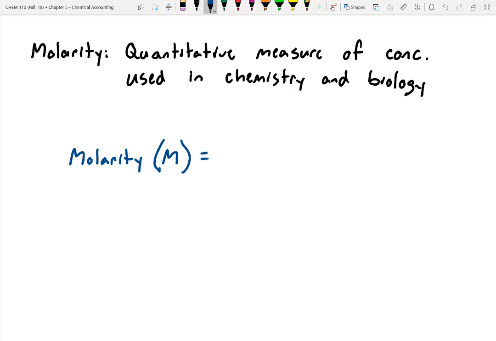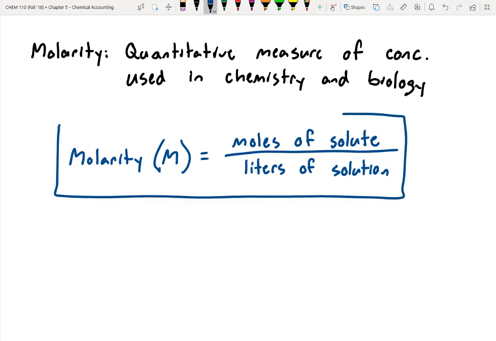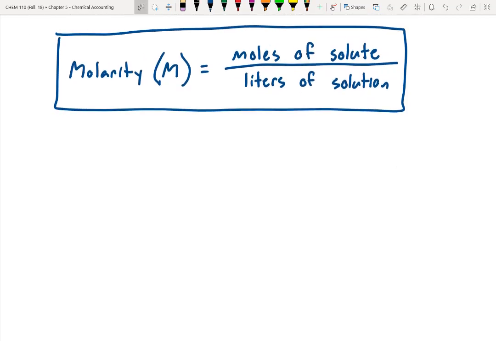And this is equal to the moles of solute, meaning the thing being dissolved, divided by the liters of solution, so the total volume of your solution, or 1 liter. So pretty generic calculation, but let's see it in practice. So we'll do an example problem.